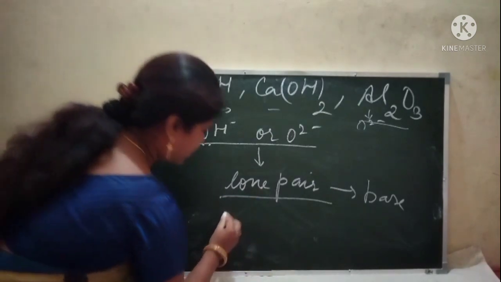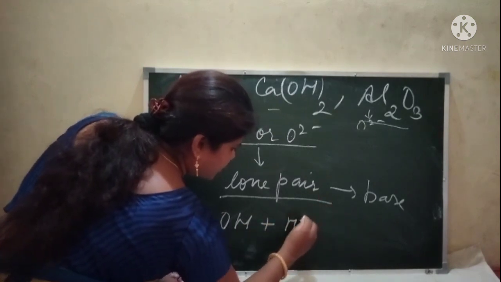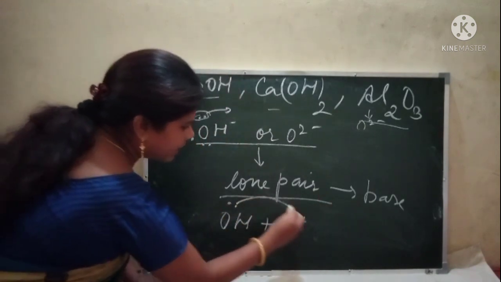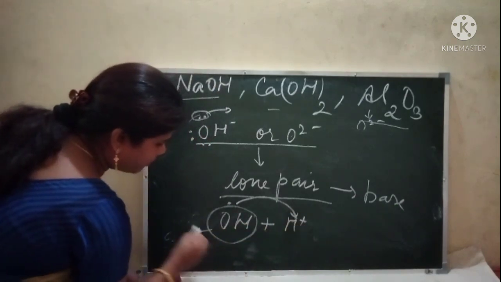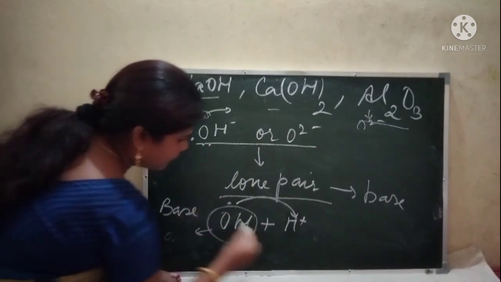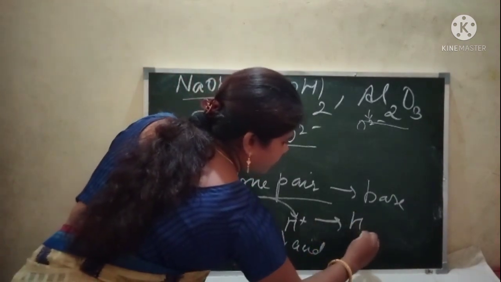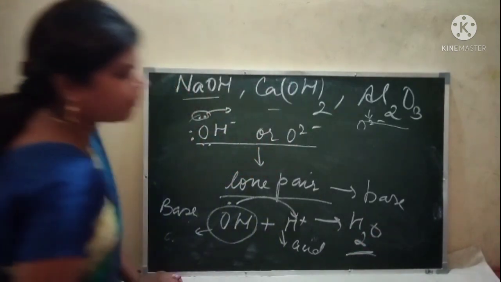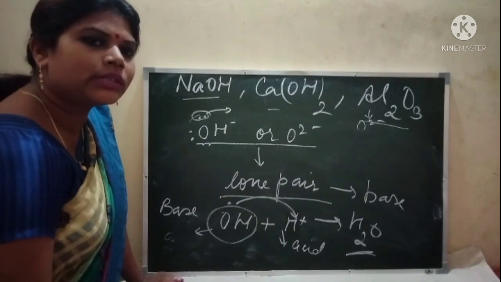For example, H+ ion: the one which is giving a lone pair is called a base, and the one which is accepting a lone pair is called an acid, and they form water. So till here, students, it is clear to you all.